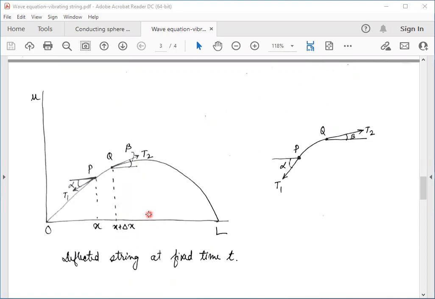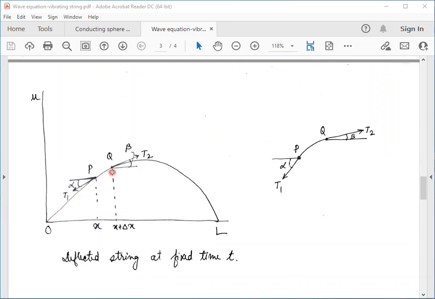And so the deflection and the slope at every point of the string always remain small in absolute value. I repeat, every particle of the string moves strictly vertically, and the deflection and the slope at every point of the string always remain small in absolute magnitude.